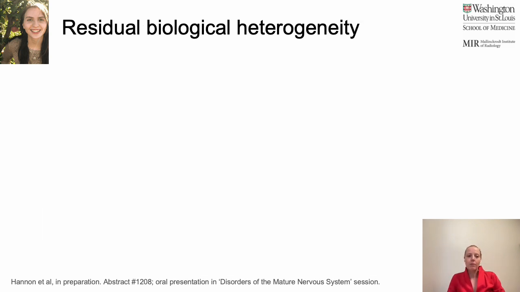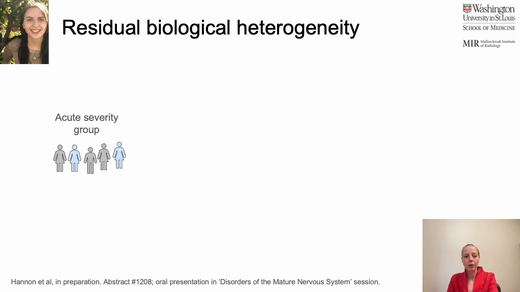So our second research question asks whether there is evidence for residual biological heterogeneity, i.e., to test whether there are meaningful biological subgroups within the clinically homogeneous groups. This is actually ongoing work, but in my last few minutes, I'll touch on it briefly just to show you an example.